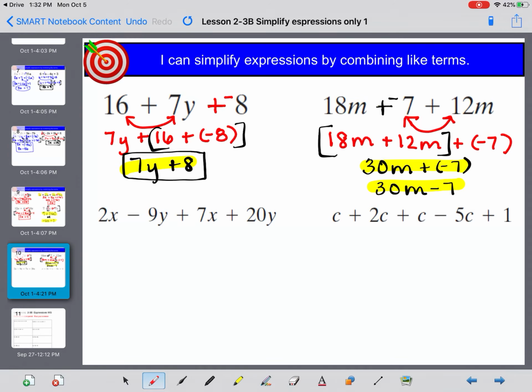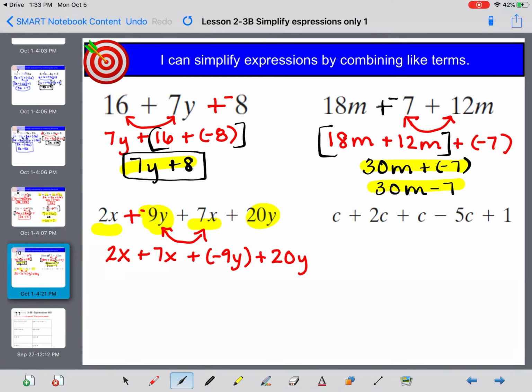All right, the next problem. I immediately switch this to adding negative 9y. I see that I've got a y here and a y here, and then I've got the x's here and the x's here, so I want to rearrange these simply by switching these two. 2x plus 7x plus negative 9y plus 20y.